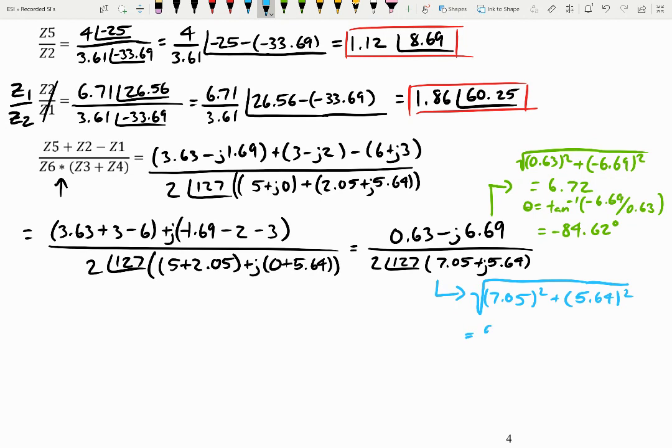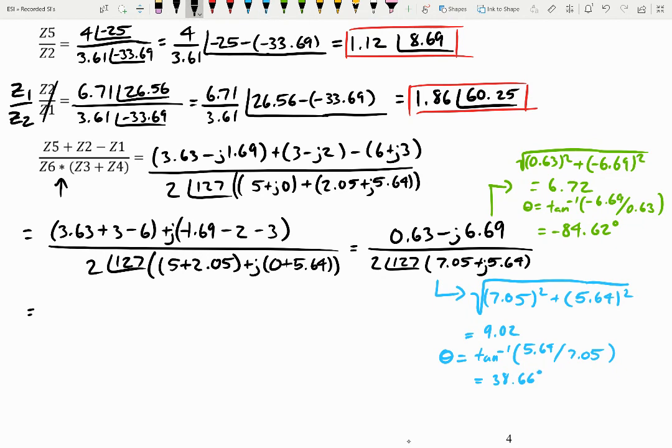Now we'll get 9.02 for our magnitude. For theta, the tangent inverse of 5.64 over 7.05. That'll give me 38.66 degrees.